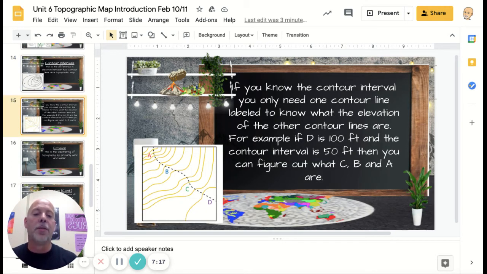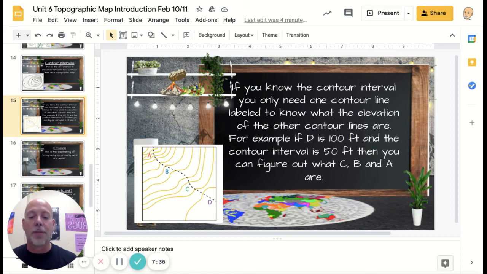If you know the contour interval, you only need one contour line labeled to know what the elevation of the other contour lines are. For example, if D is 100 feet, so here's D, if this line right here is 100 feet, and the contour interval you're told is 50 feet, then you can figure out what C, B, and A are.